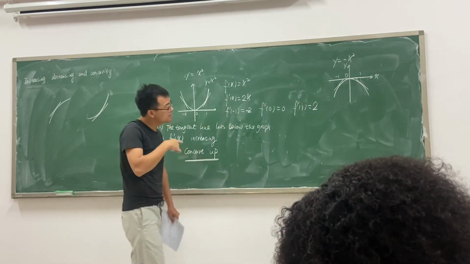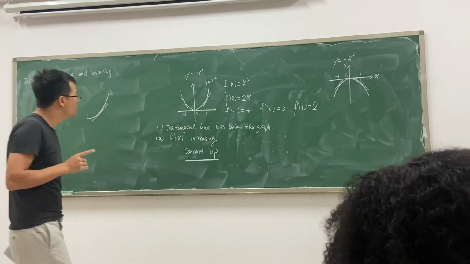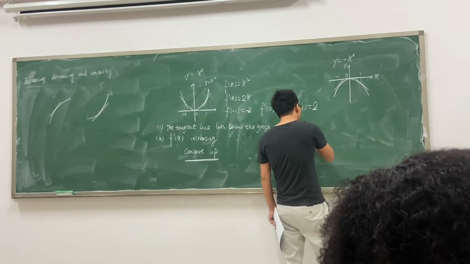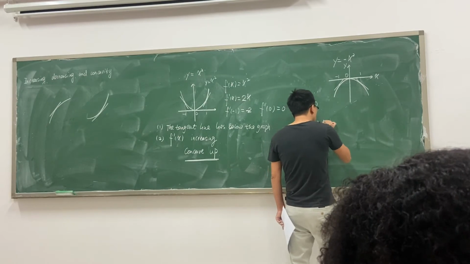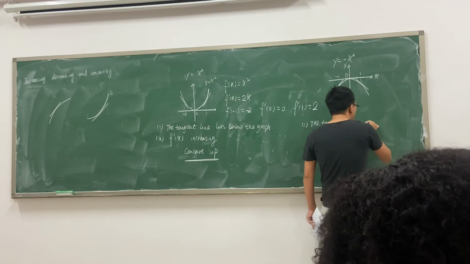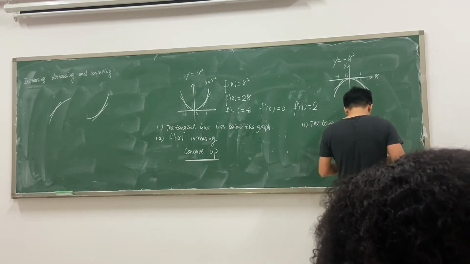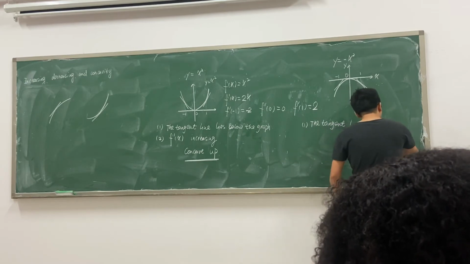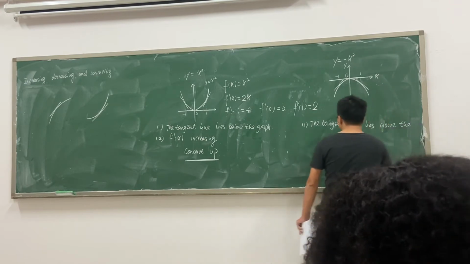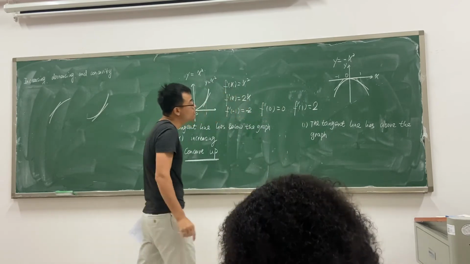So here we can see the tangent line is above the graph. Oh no, I'm sorry, that's above, okay? That's above the graph. So this is the first factor.